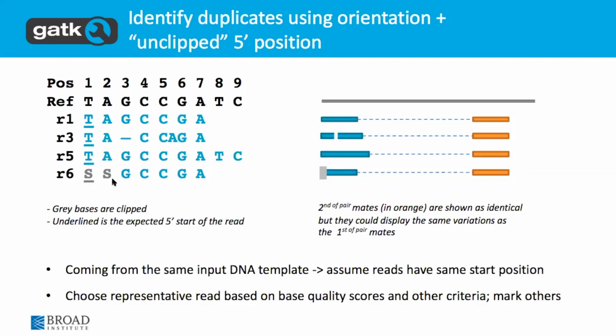It doesn't do per base matching. It just looks at the unclipped 5' position and the orientation and then decides whether it's a duplicate or not. For paired end reads, it does the same thing for both of the pairs, orientation and the unclipped 5' position.